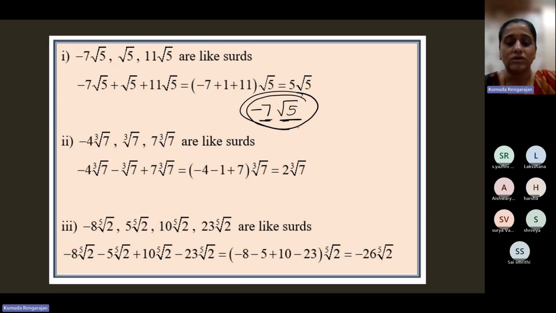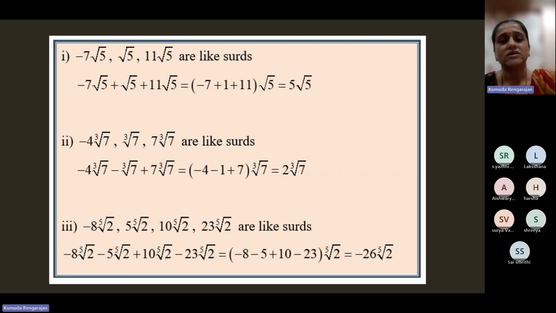So on the whole, minus 7 root 5 is irrational. So like this, you can judge an expression which is made up of a rational and irrational, or two rationals or two irrationals. So let's take another situation.